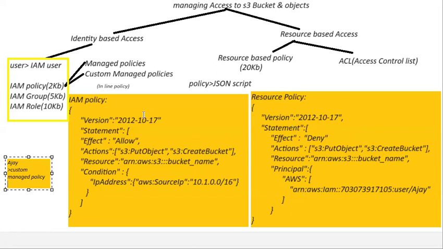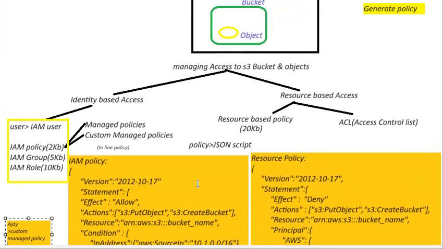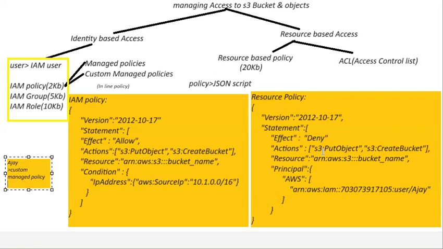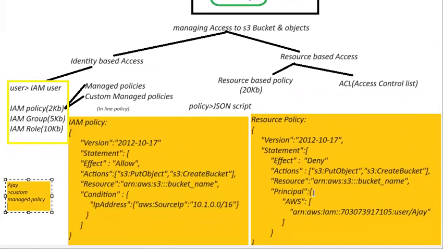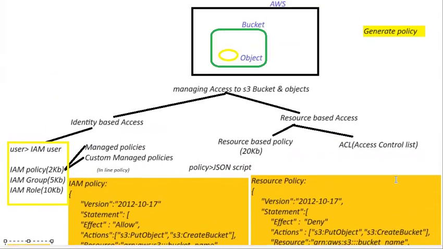Except those, the permissions which are allowed, only those will be allowed. Even though you allow a permission which is already denied, the permission remains denied. So now, can Ajay put the object and create the bucket? No, because in the bucket we wrote a resource based policy that Ajay cannot put object or create bucket.